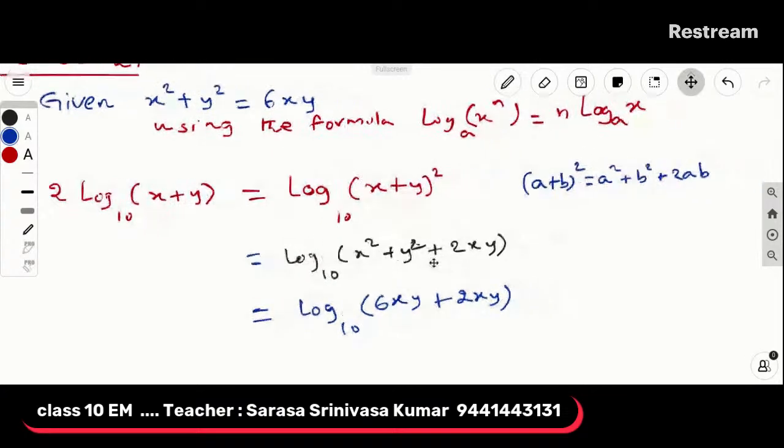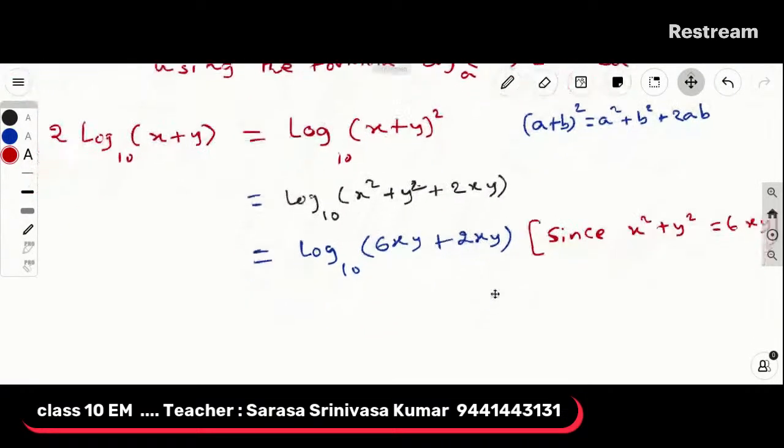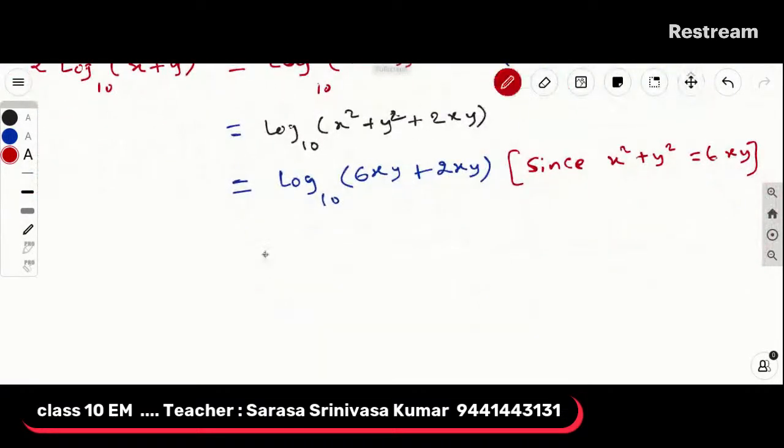So we must write the reason here. Since x square plus y square equal to 6xy, we are just writing the reason. So this becomes log of 8xy.